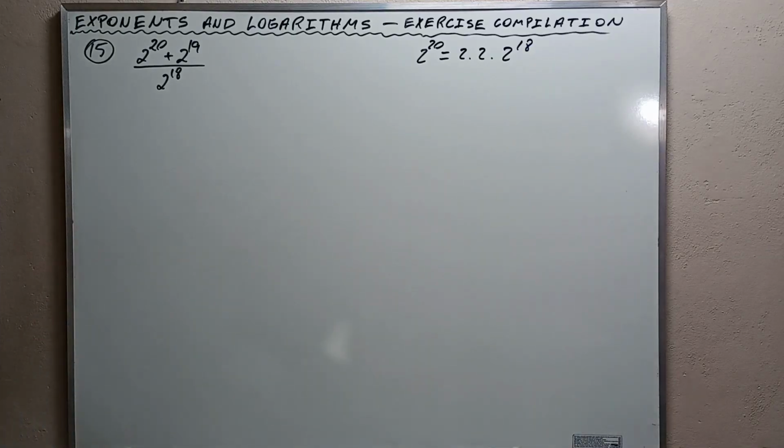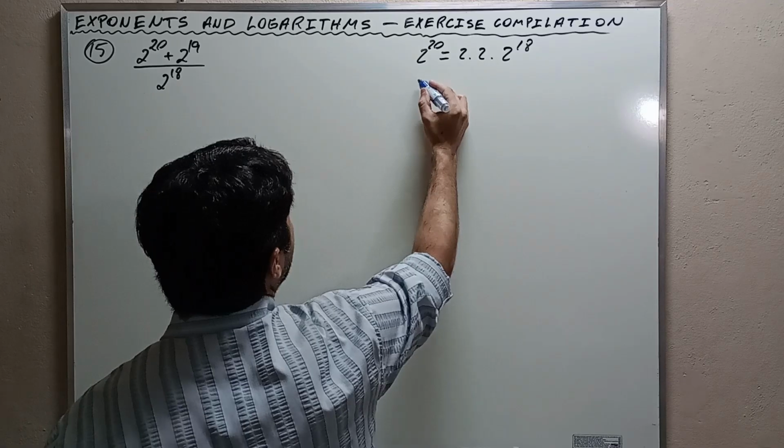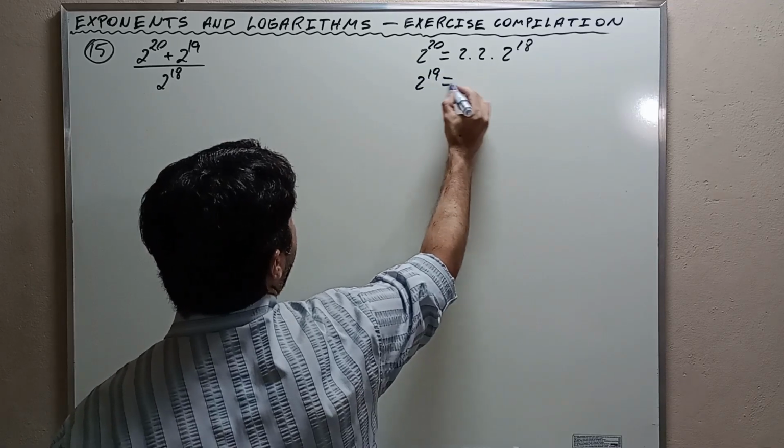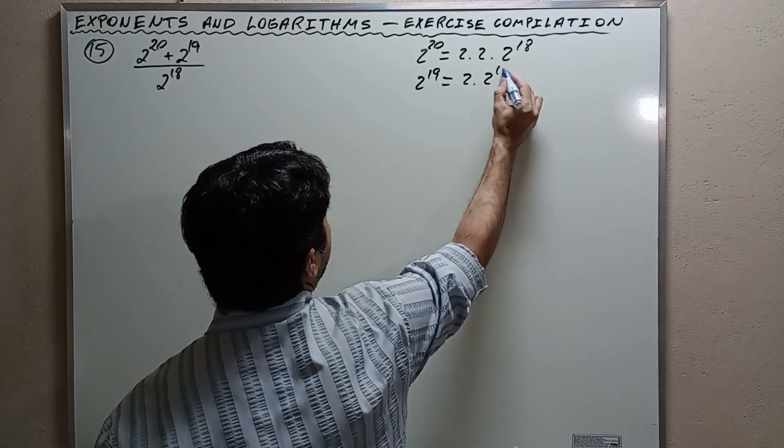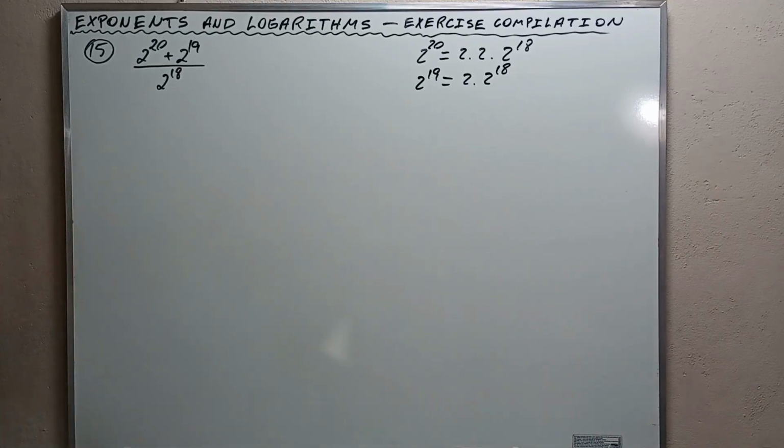Okay? Alright? And 2 raised to the power of 19 is equal to 2 times 2 raised to the power of 18. If you can understand this, it is going to be easy for you to comprehend the next step.